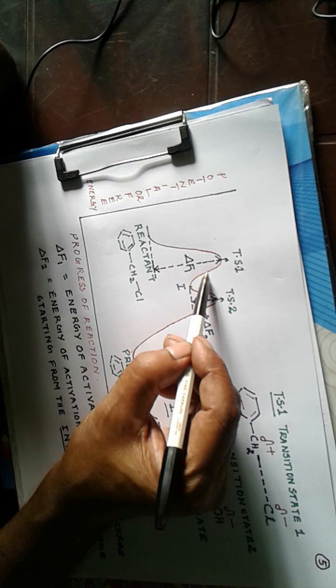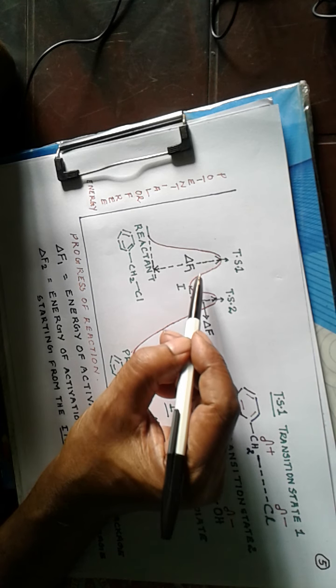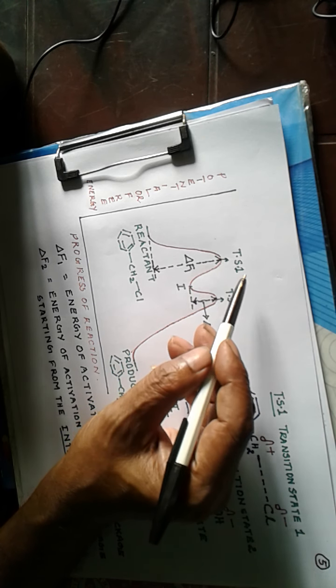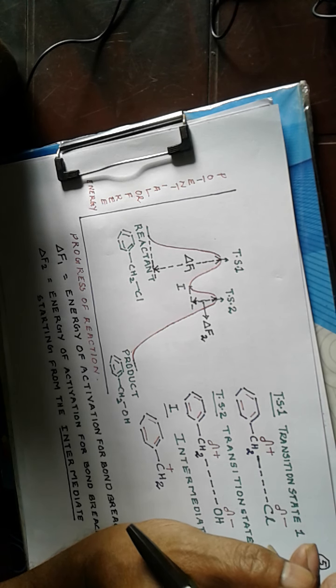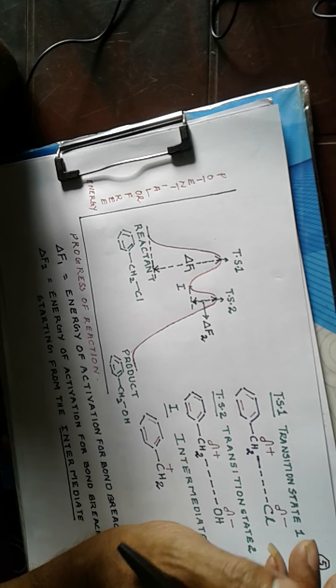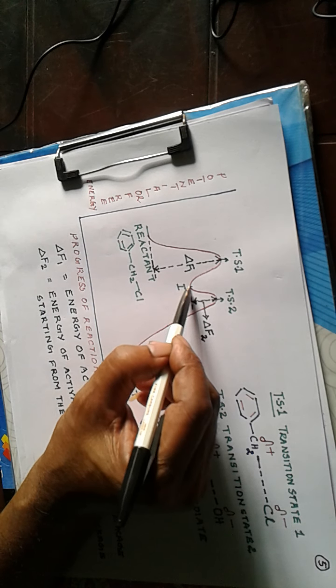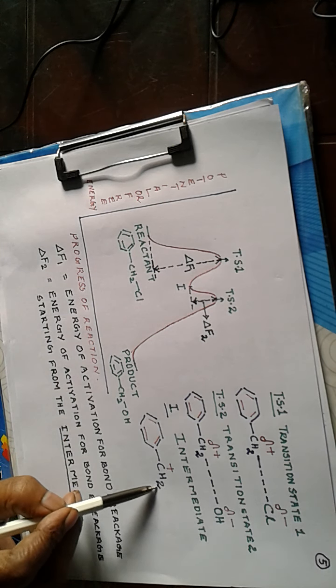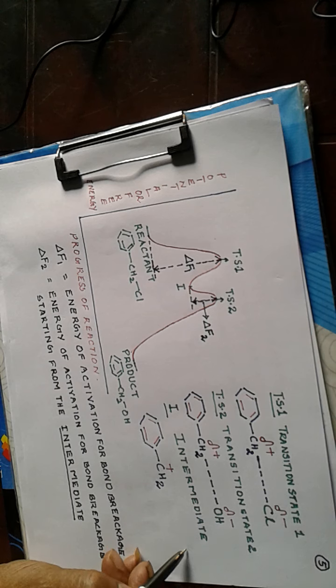So the decrease in potential energy has a higher magnitude than the increase, and the net effect is a decrease in potential energy of the system. So stretching goes on, and resonance gains the upper hand. Resonance increases gradually. The delta positive charge increases from say 0.7 to 0.8 to 0.9 and so on. So the extent of resonance increases, and ultimately we get the dissociated ions, that is benzyl carbocation and chloride ion.